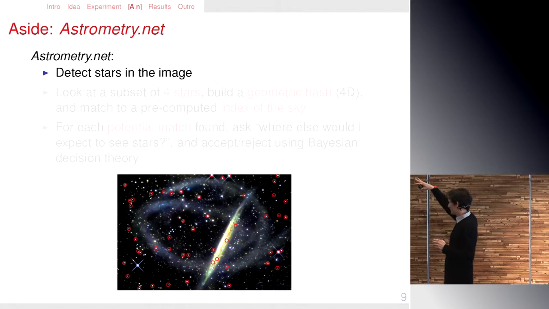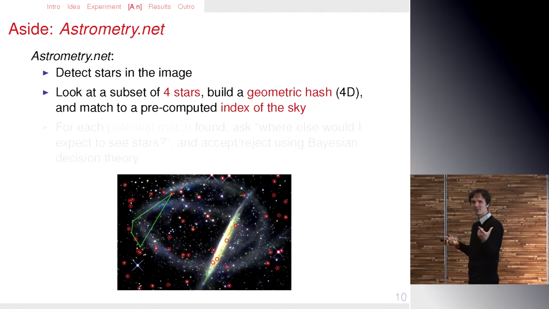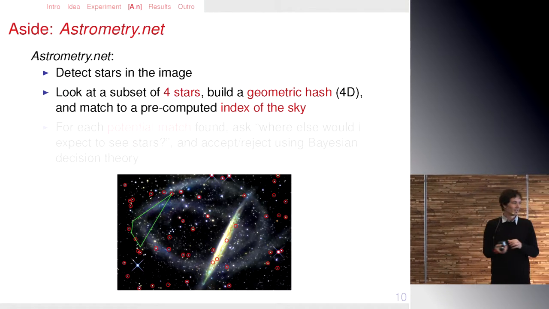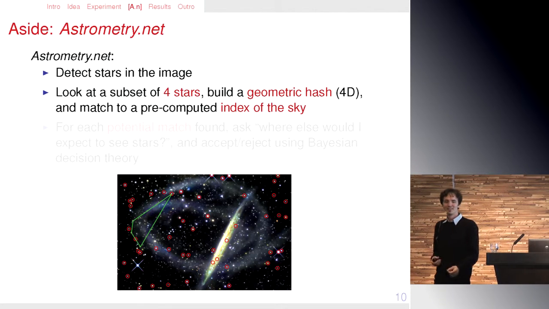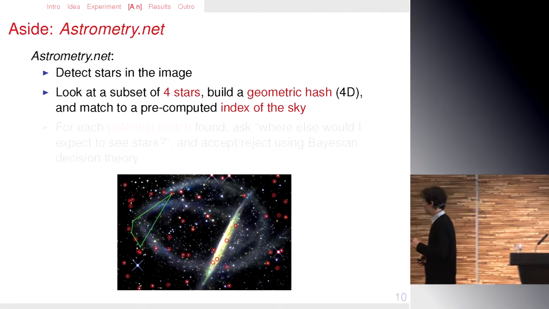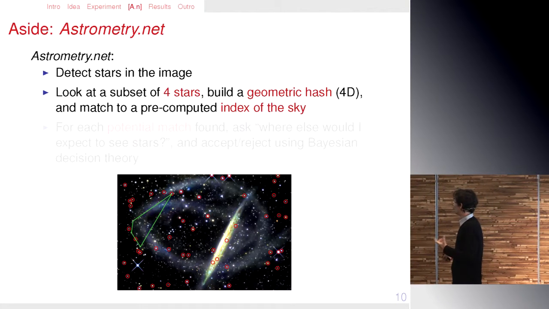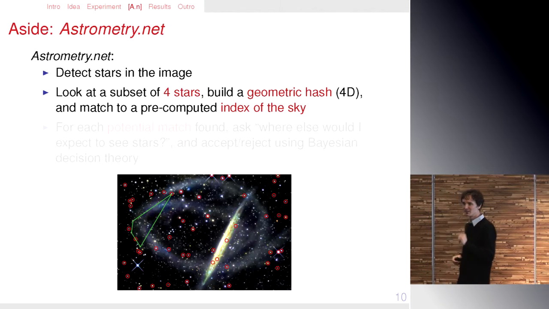So the steps are basically detecting stars in the image. Then it looks at a subset of 4 stars and computes a geometric hash of the local arrangement of those 4 stars. And that gives you a 4-dimensional code that is scale, rotation, and translation invariant.